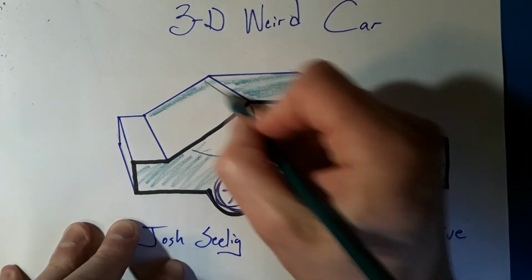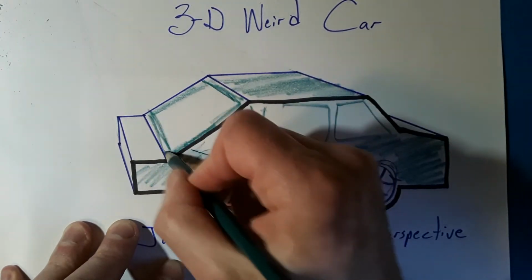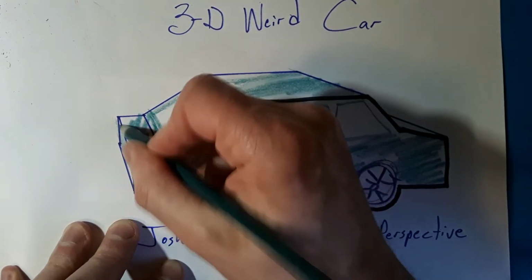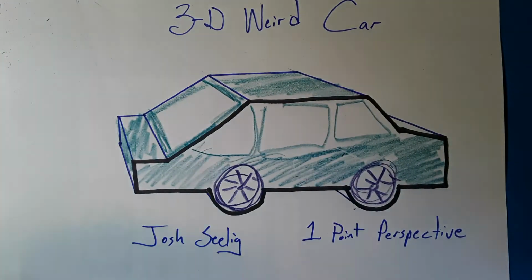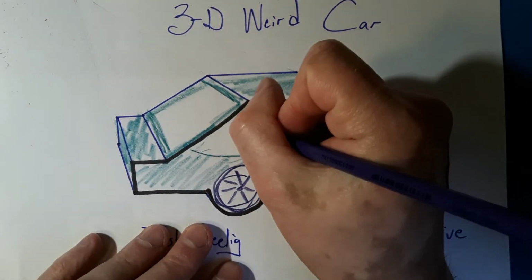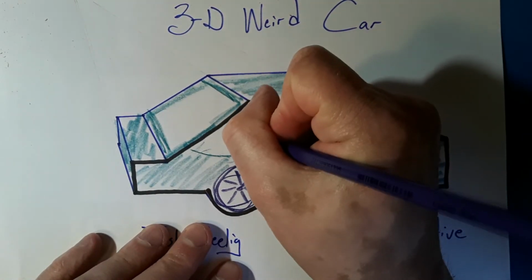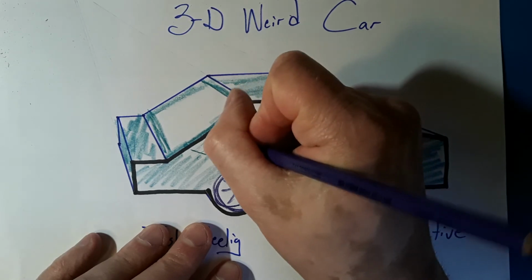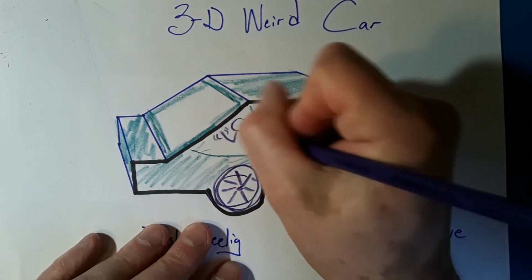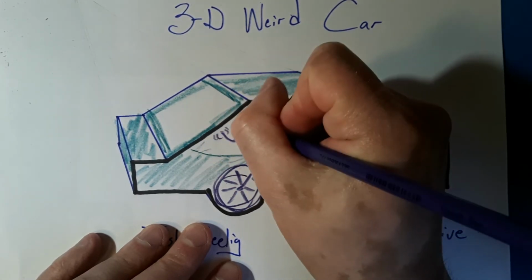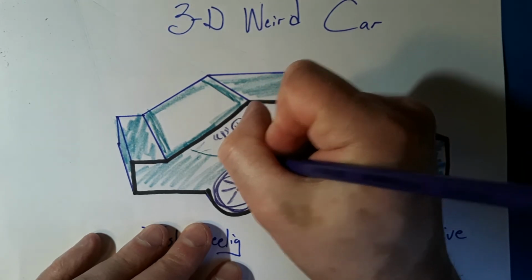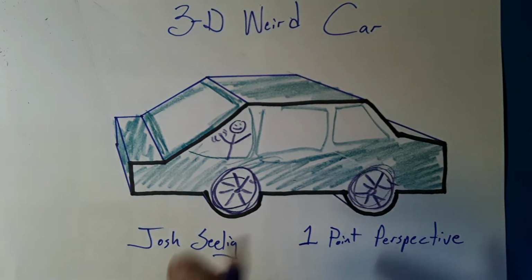Oh, that's the windshield, isn't it? I can't color that in. And maybe this is like a high-tech car, so you don't even need to drive it. This person's just waving hi. Yeah, they don't have their mask on because they're in their car.